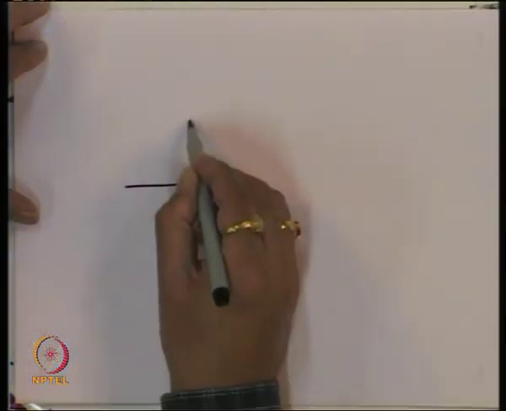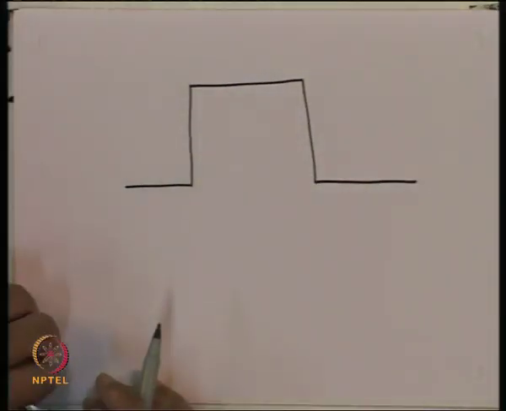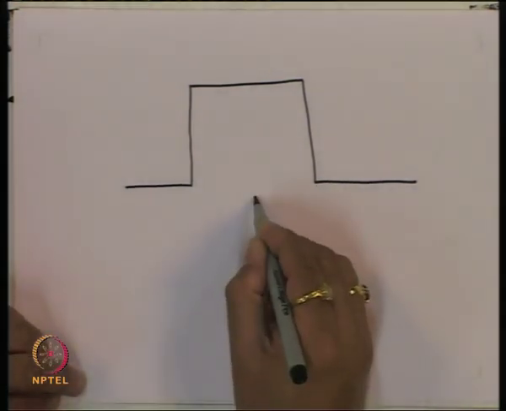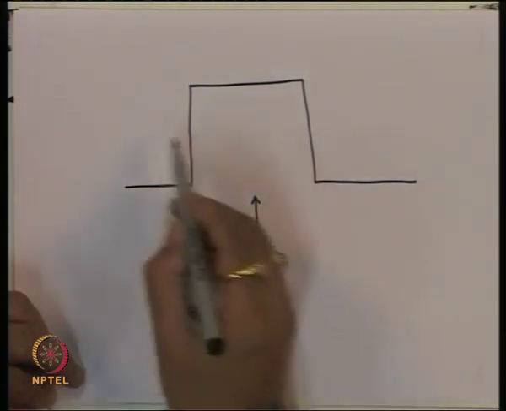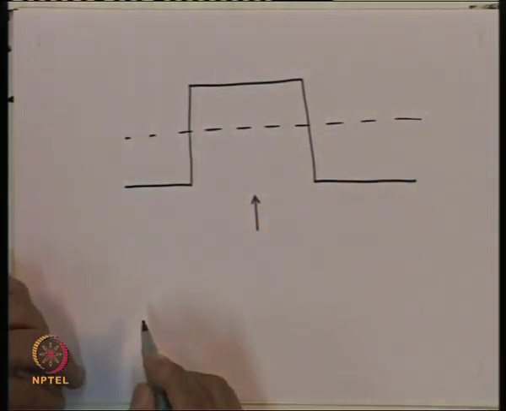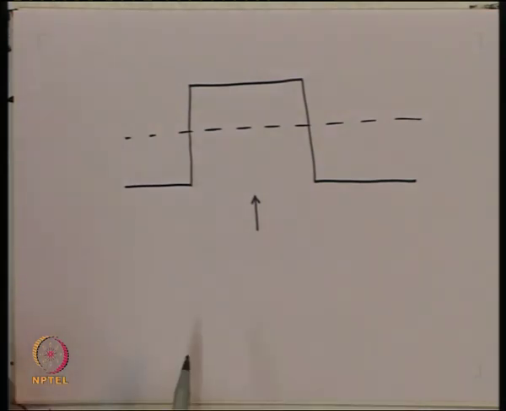One can again go back to the data, and one say that if we had a pulse which is like this, after all when the pulse is detected, we have a sampling time at which essentially we ask whether signal is below threshold or above threshold, and depending upon the decision we assign the level either 0 or 1.